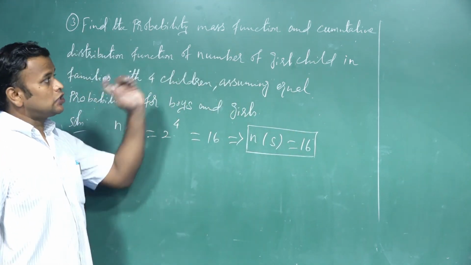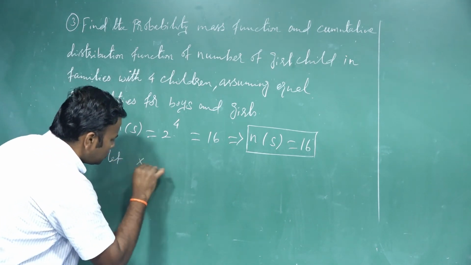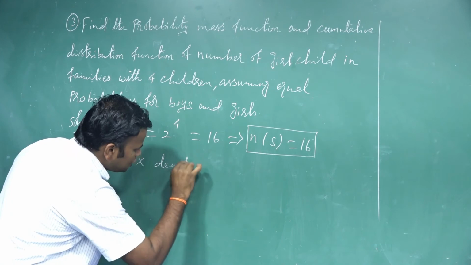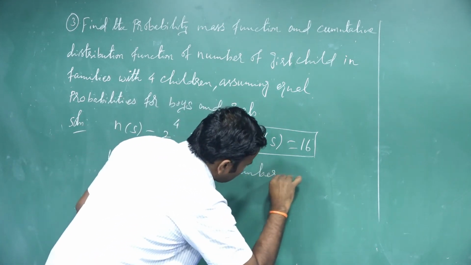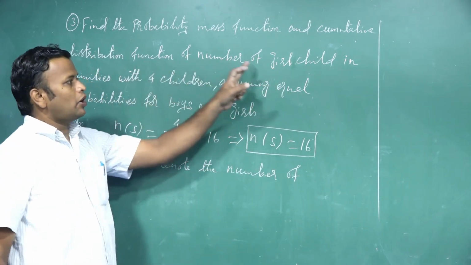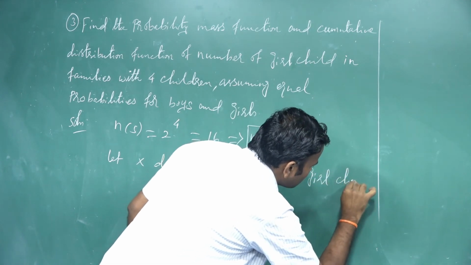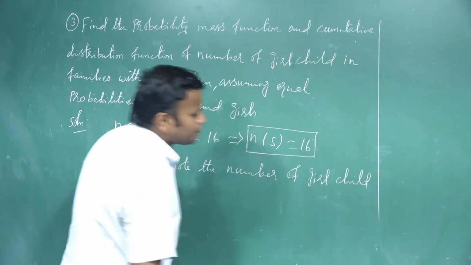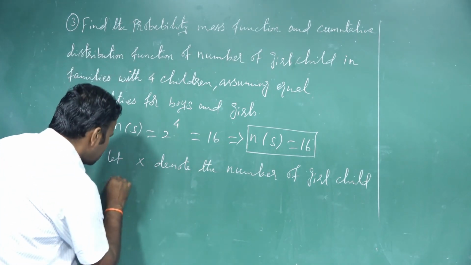Next, let X denote the number of girl children. Here, important: X denotes the number of girl children.